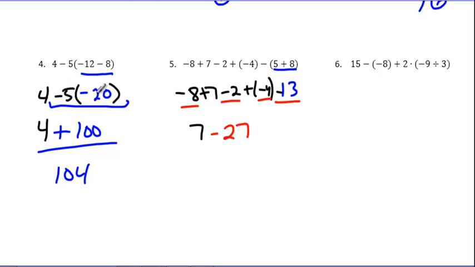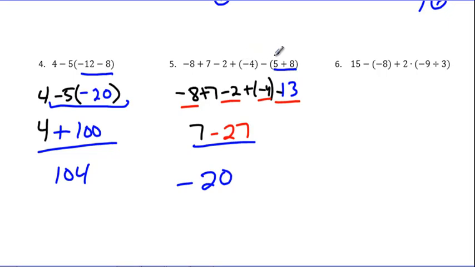Now notice I'm saying plus, I'm adding, because I know the rule for addition says when I have the same sign, add the numbers and keep the sign. So I'm adding these numbers together and keeping the sign. Then finally, I could do my subtraction: different signs, subtract, keep the sign of the bigger number, negative 20.